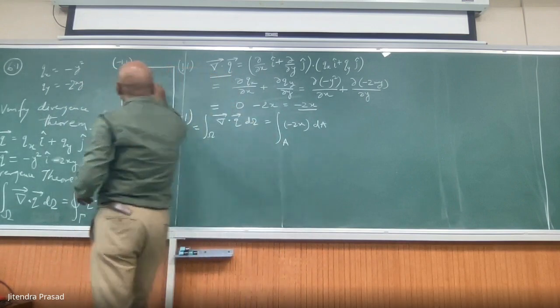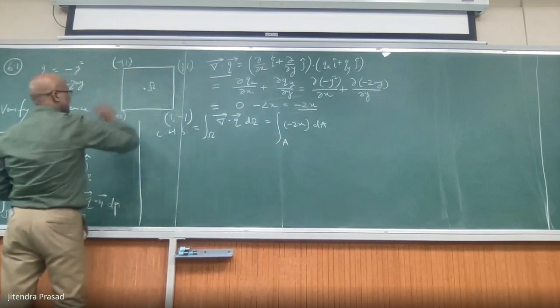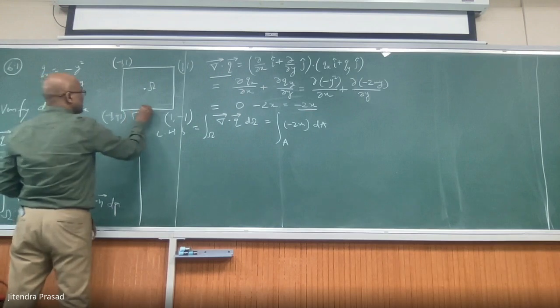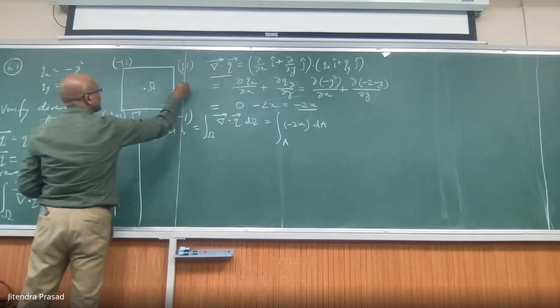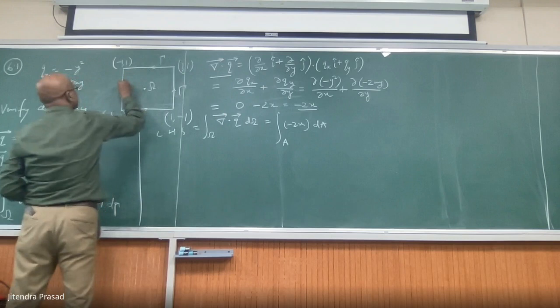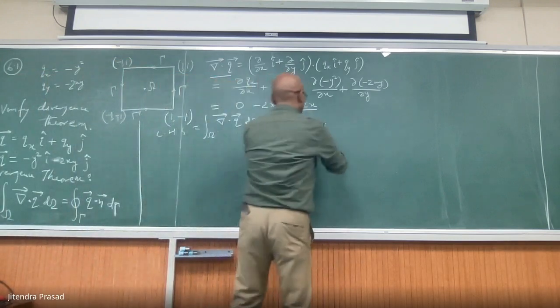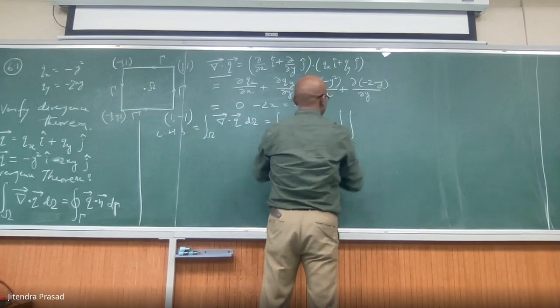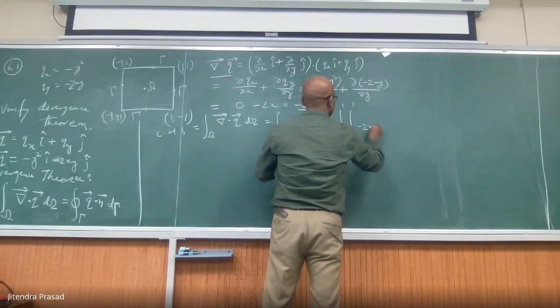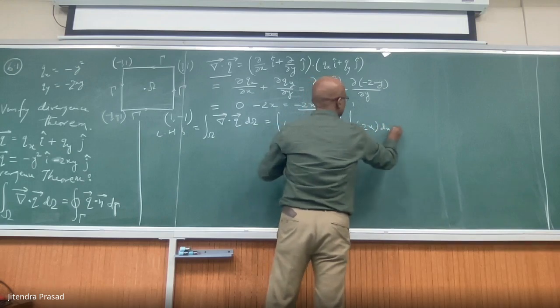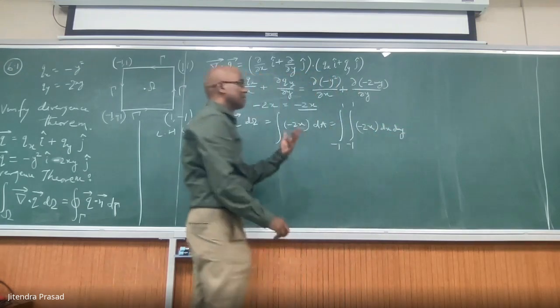This area is omega, and the boundary loop is gamma. So this is equal to the integral from minus 1 to 1, minus 1 to 1, of minus 2x dx dy.